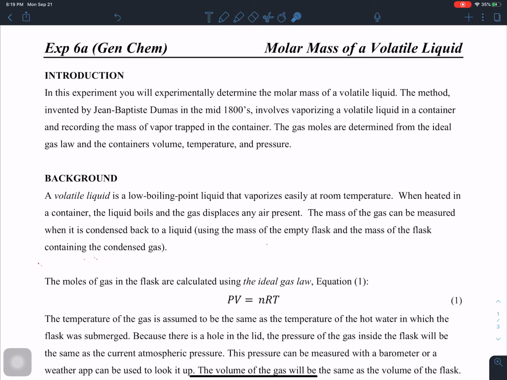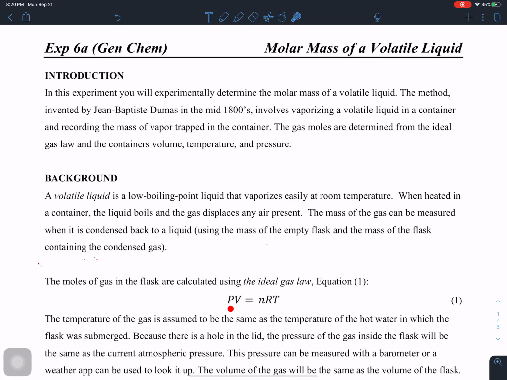So what we're going to do is take a small sample of a volatile liquid and put it into a container and vaporize it, make all of it into a gas. The nice thing about gases is we can use the ideal gas law to calculate the number of moles of the gas.